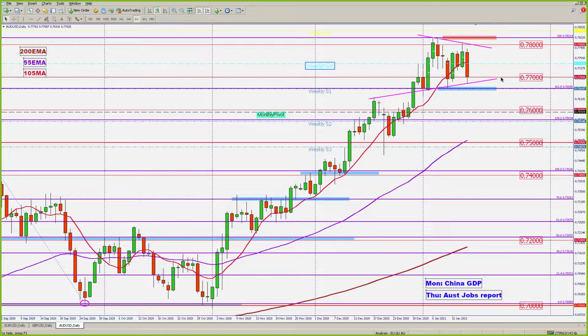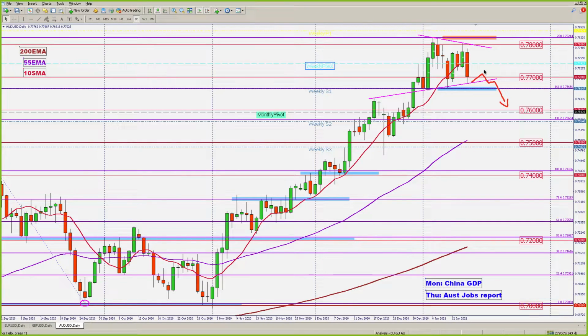Right, so 0.7700 is the current support. It needs to break below the lower trend line and the 162 fib to go into a deeper pullback and retracement here.